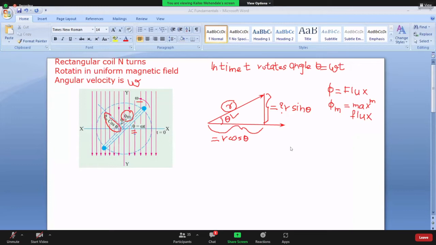Now this is angle theta, as you can see over here. As we just did, when we resolve, the horizontal component came out to be r cos theta.